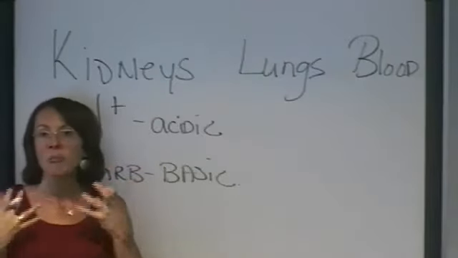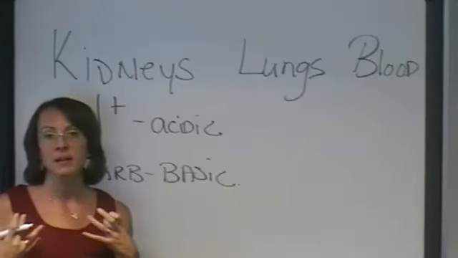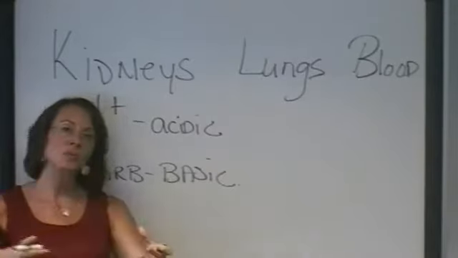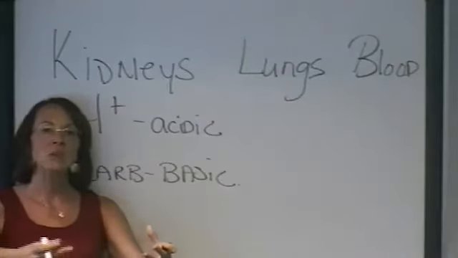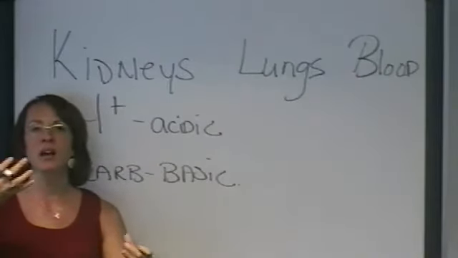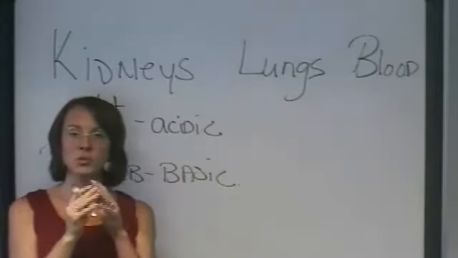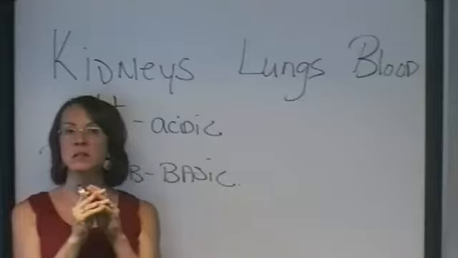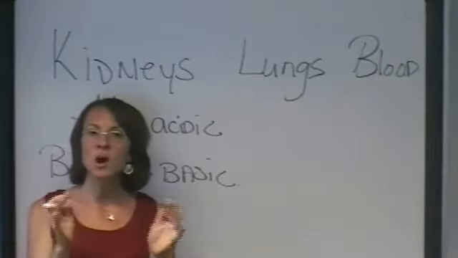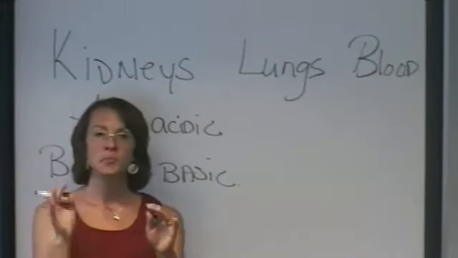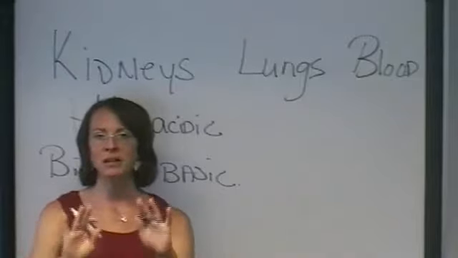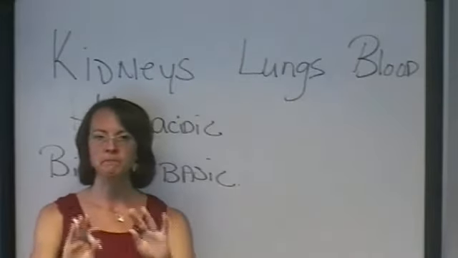If our body becomes too basic, our body will get rid of those bicarbonate ions and retain some of those hydrogen ions. Those hydrogen ions can join or absorb some of those basic substances in our body and form water and salts, okay? So it's kind of a counter-current mechanism, per se, okay?